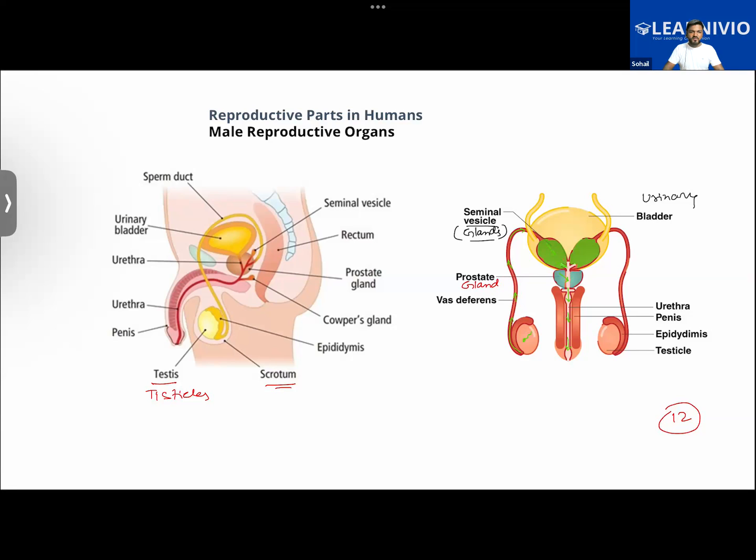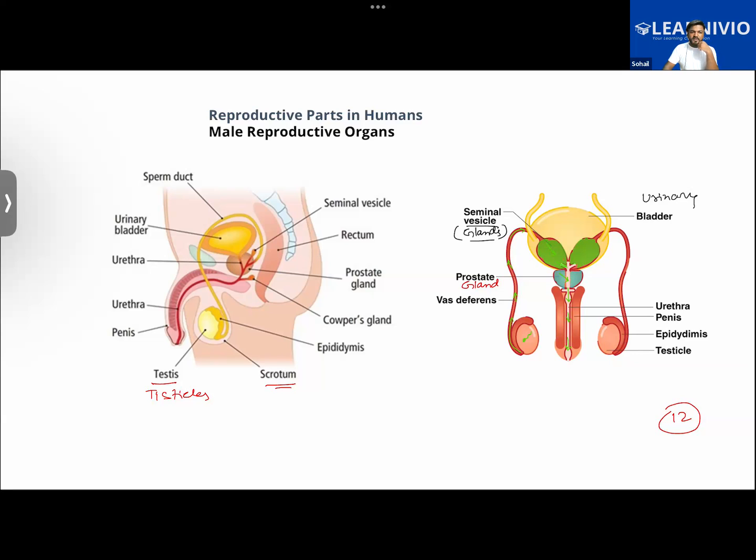Explain again the function of prostate gland. Sir, it plays a role in male reproductive and urinary health. That much I know only.